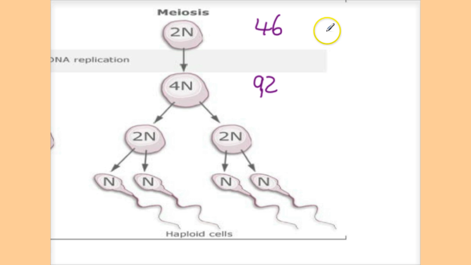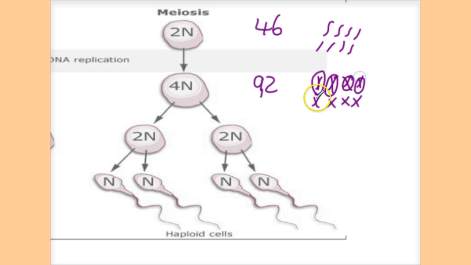Say we have 46, and I'm not going to draw 46, but we have all these chromosomes. When they replicate, they pair up. So when they pair up, it is still 46 chromosomes. However, there are 46 pairs at this point of chromosomes.